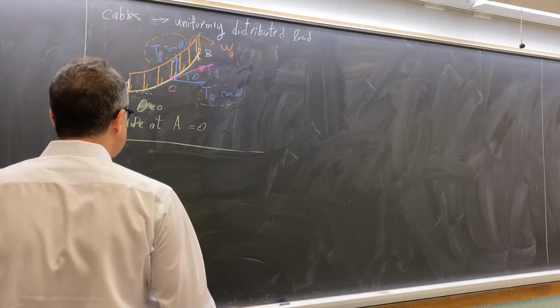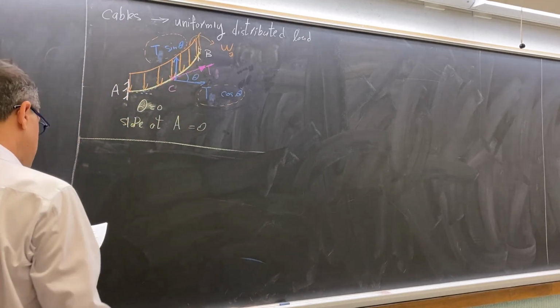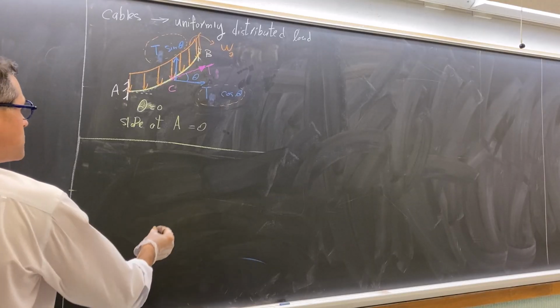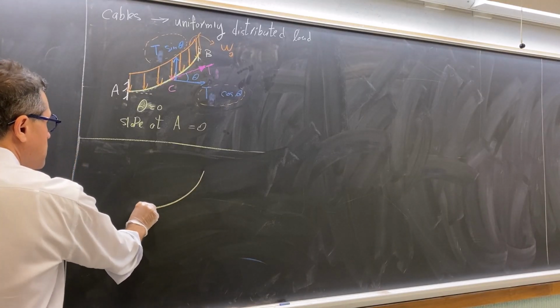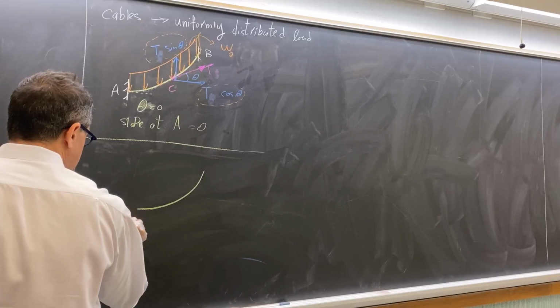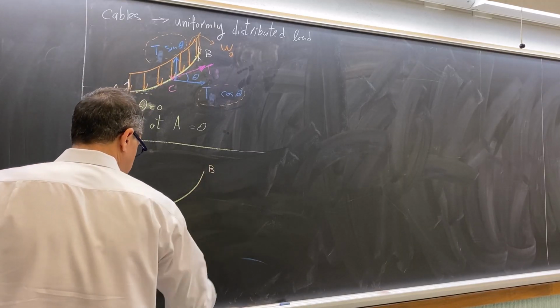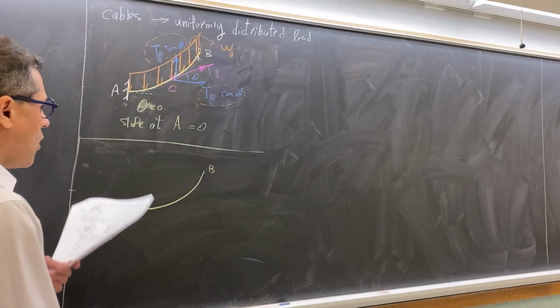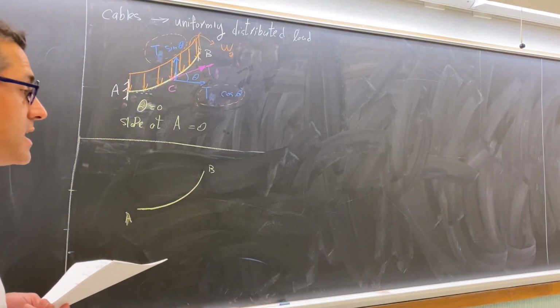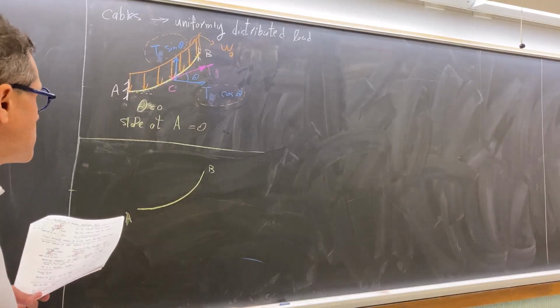I am going to consider this segment of the cable from A to B, and show all of the forces acting on this segment. So I'm going to draw the free body diagram.